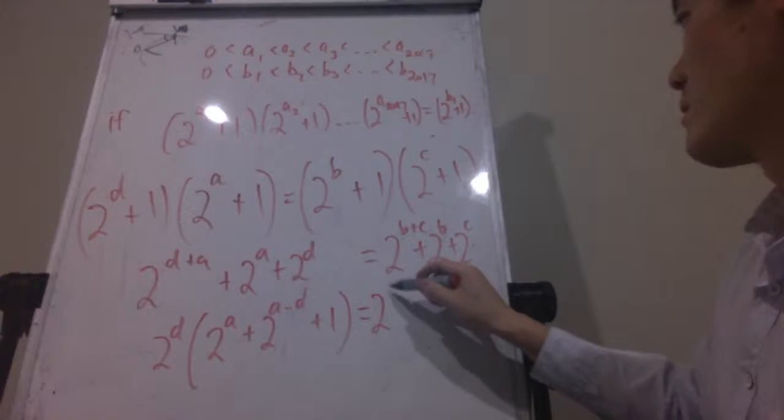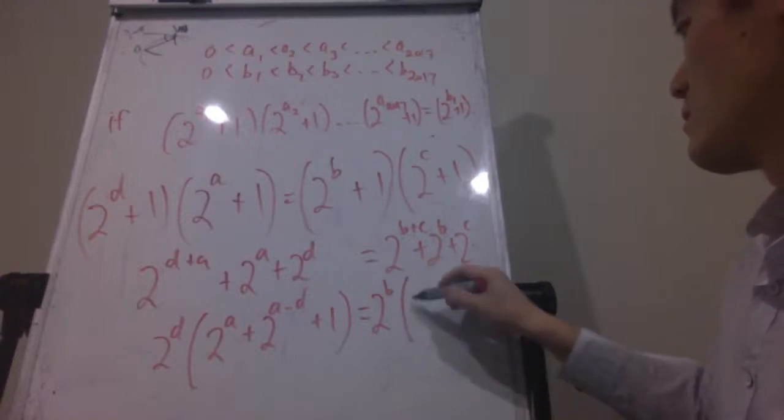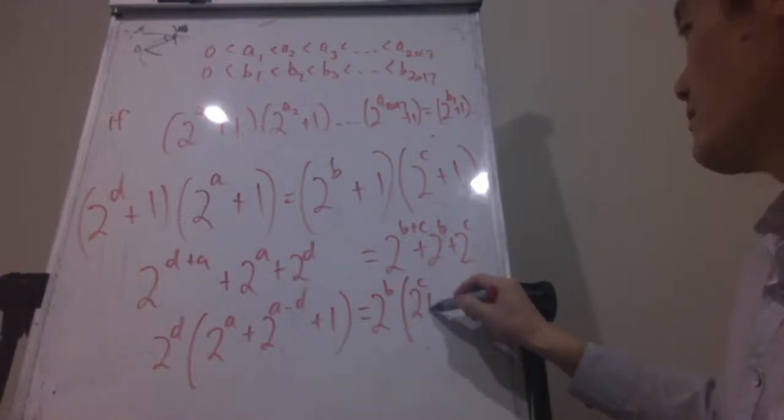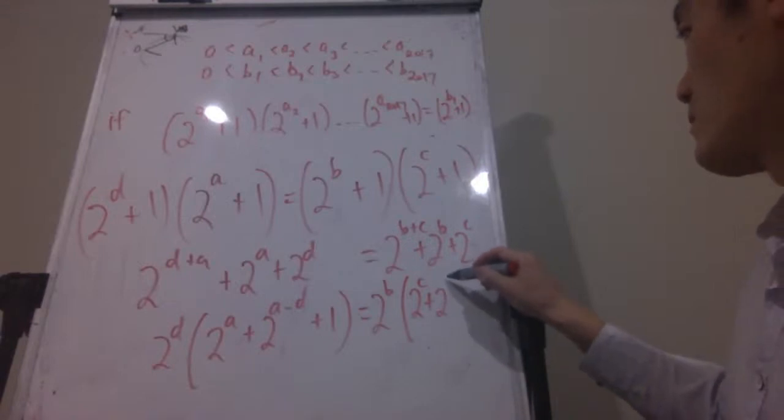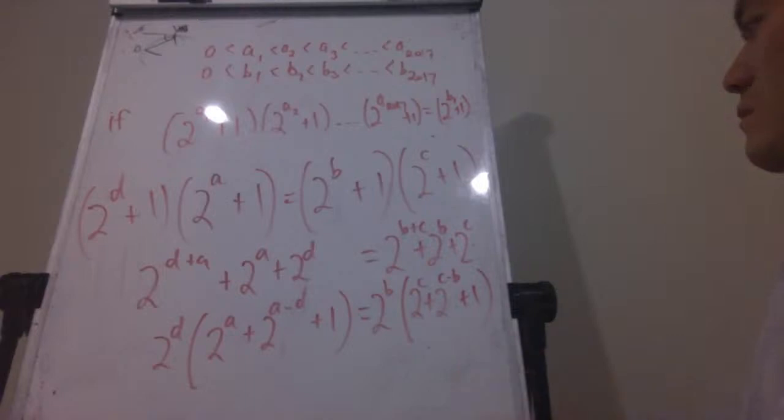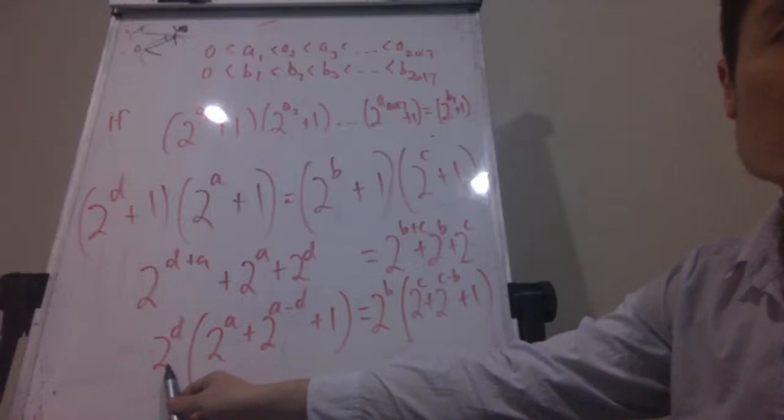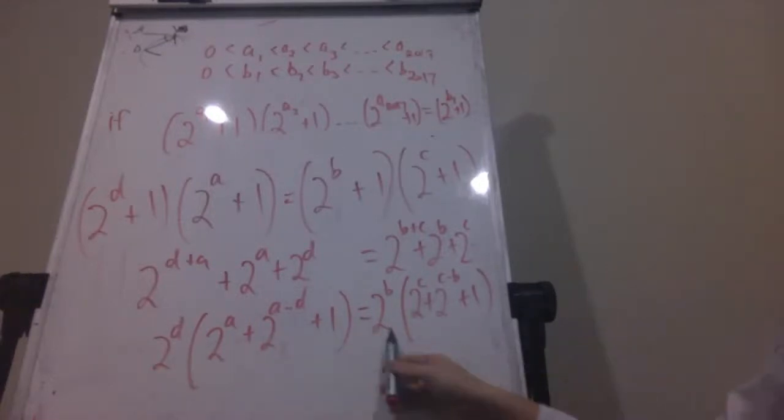The same thing happens here. And those two work, since both sides have to have the same power of 2. So 2 to the D has to divide 2 to the B, because this is odd.